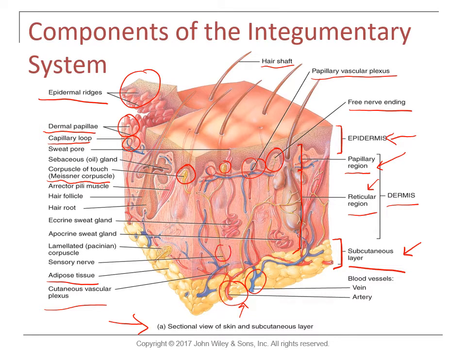Those nerves, the yellow ones, are the sensory nerves. Here we have a laminated corpuscle, which is also called the Pacinian corpuscle. Those are numerous small oval bodies that are sensitive to pressure.